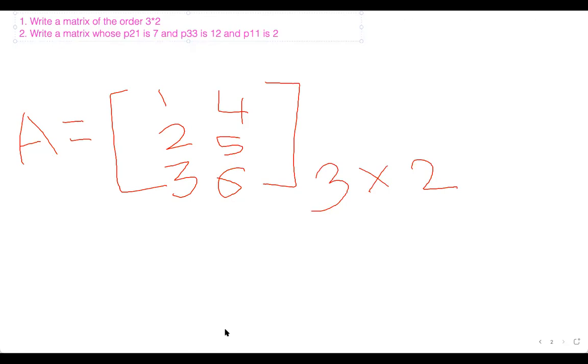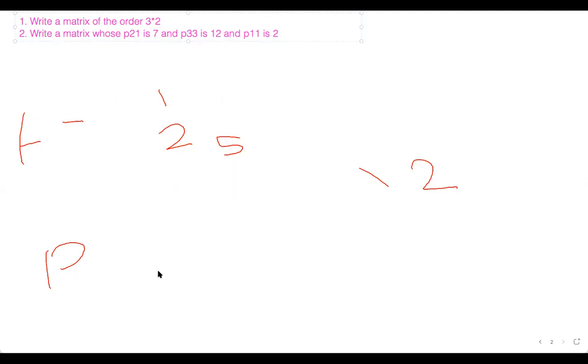Correct. 3 rows and 2 columns. Correct. Should I do the second one? Matrix has name, it has elements, and it has orders. Are you doing the second one? Fine. Do the second one if you know.